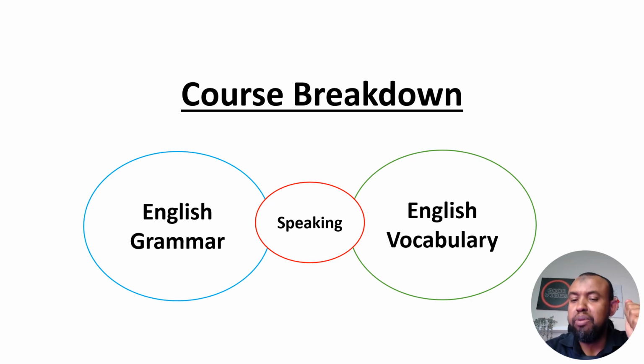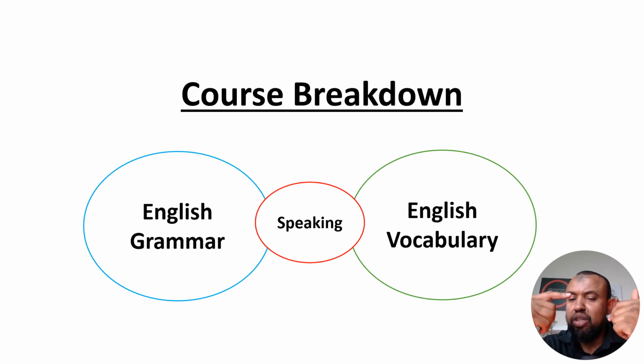So let's say, for example, we're learning a small topic in English grammar. Once we have understood the grammar point, we will be practicing the grammar with our speaking skill. Same thing, once we have understood a specific English vocabulary unit, let's say about eating outside, then we will learn how to use what we understood in that chapter by practicing it.